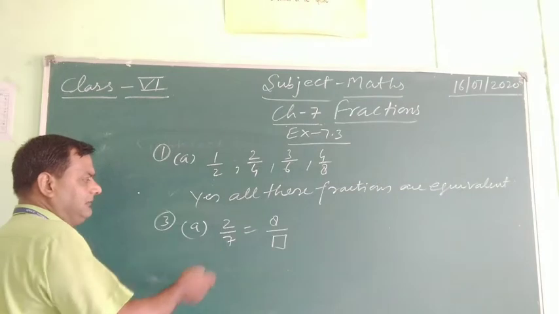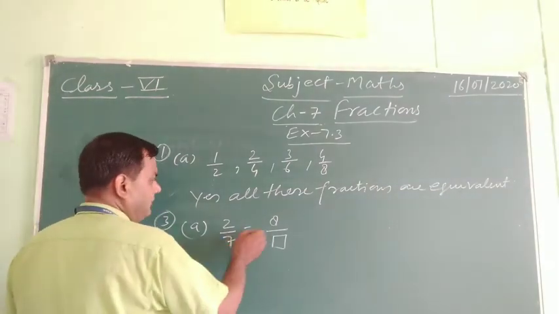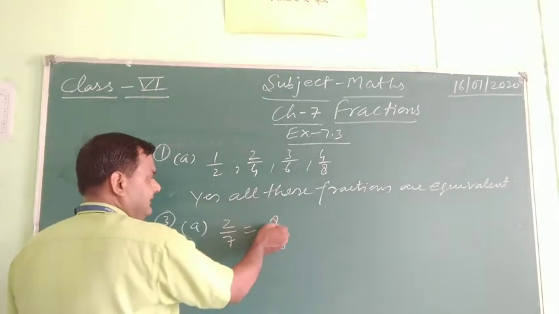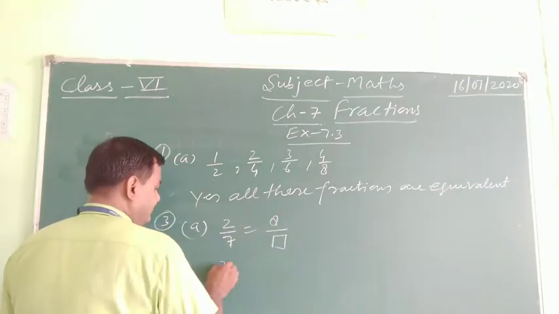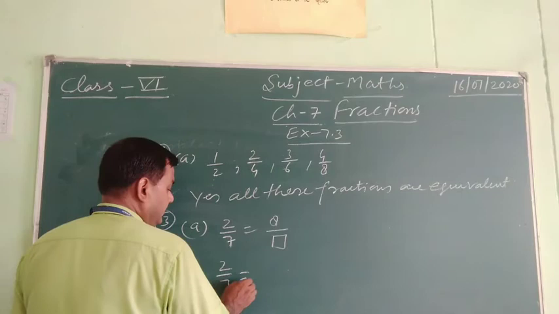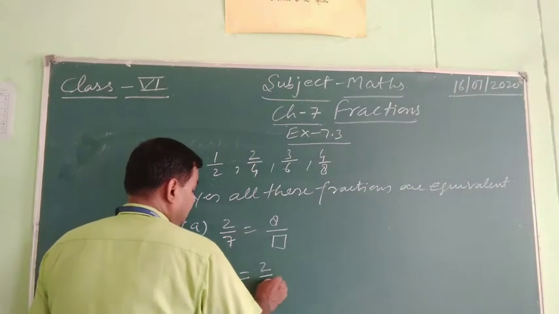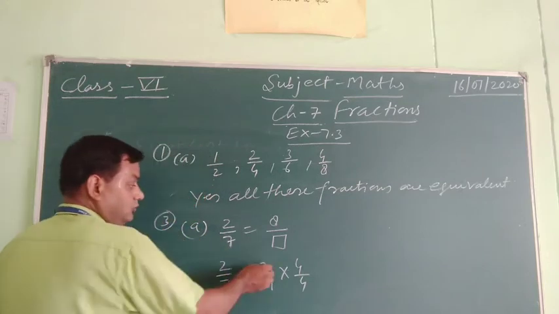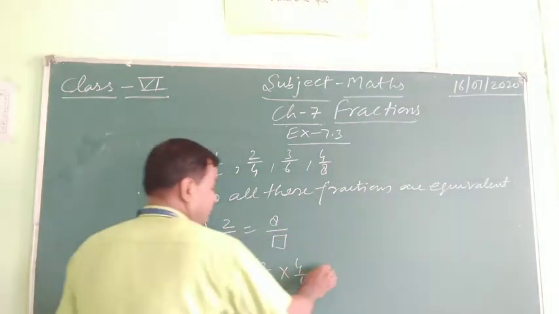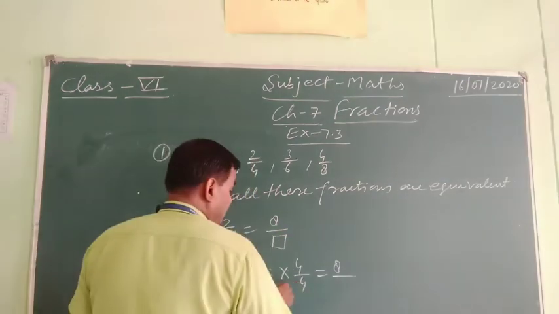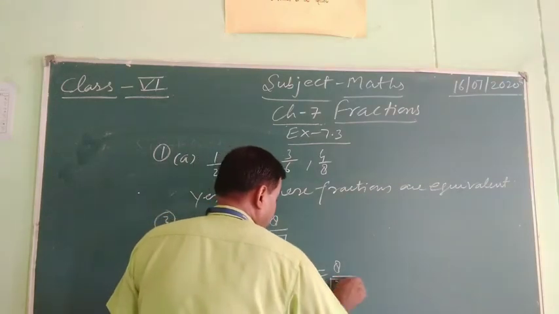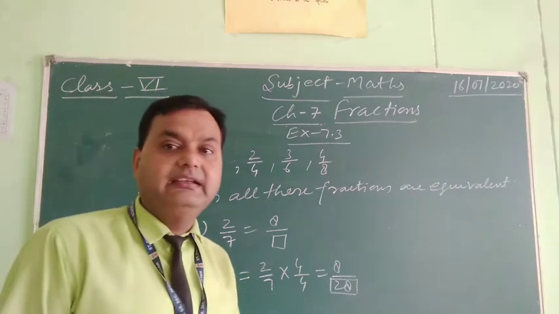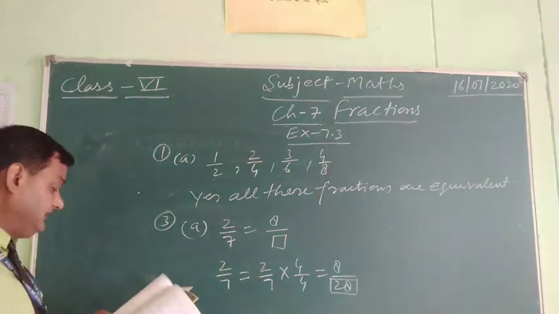So how can we fill the box? Here we observe that the numerator is 8. So we can write 2 upon 7 equal to 2 upon 7 multiplied by 4 upon 4. 2 4s are 8, 7 4s are 28. So the box is 28. The missing number is 28. Is it clear?